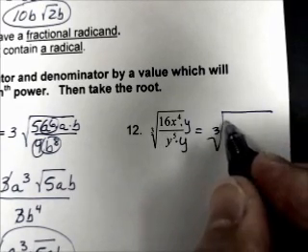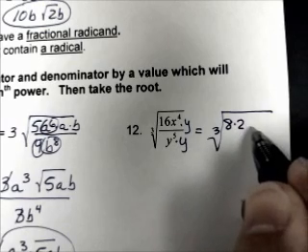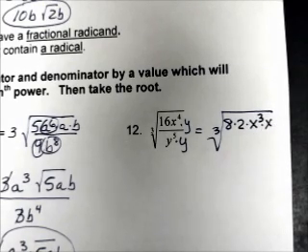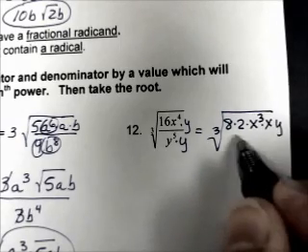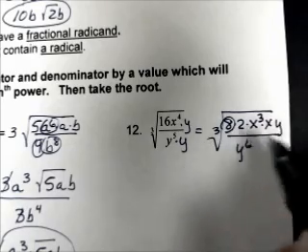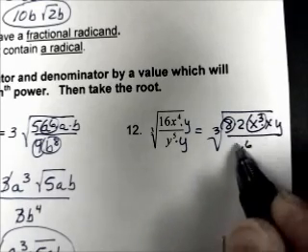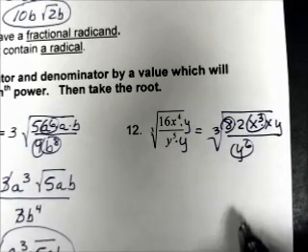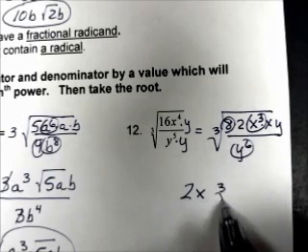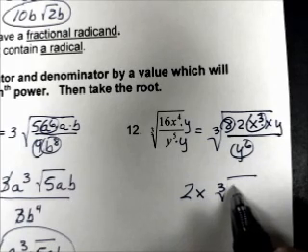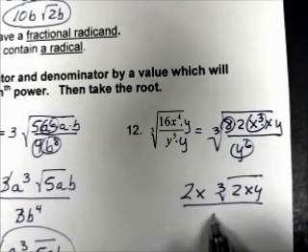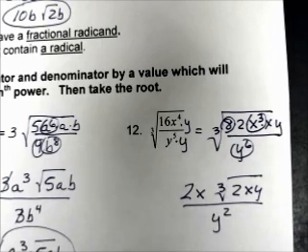Let's see, 8 times 2 would be 16, times x to the third times x would give us x to the fourth, and then y over y to the sixth. Circle our perfect cubes. Out come their cube roots, 2x, cube root of 2xy remains under the radical over y squared.